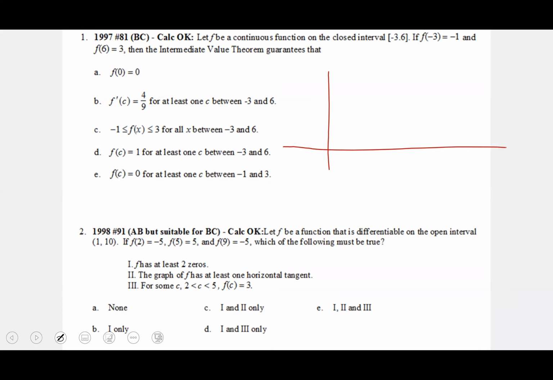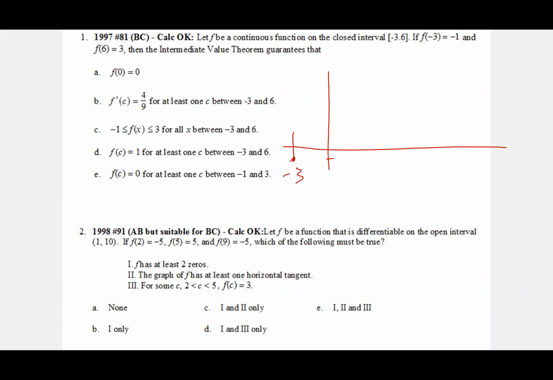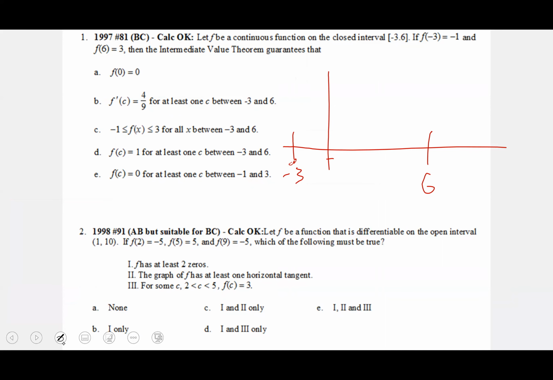Okay, something like this. I want to know which of these must be true.